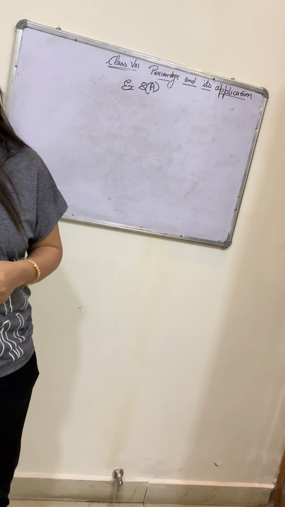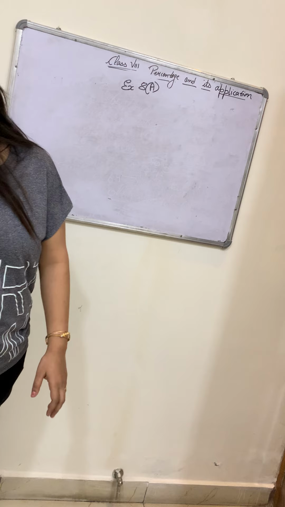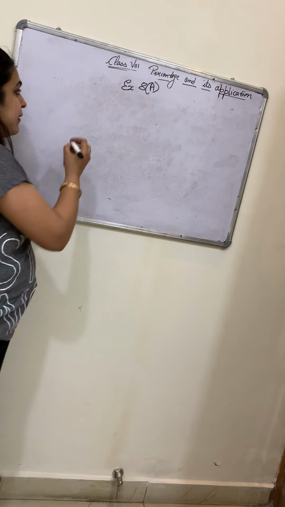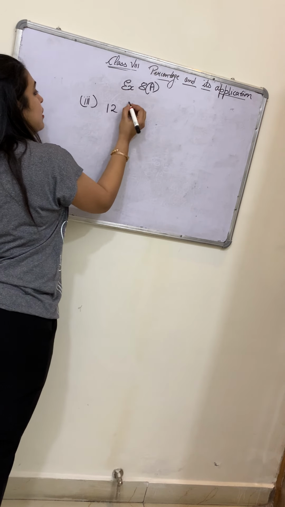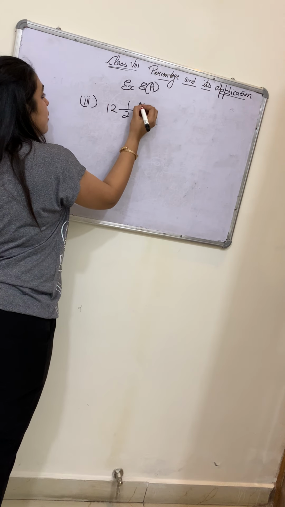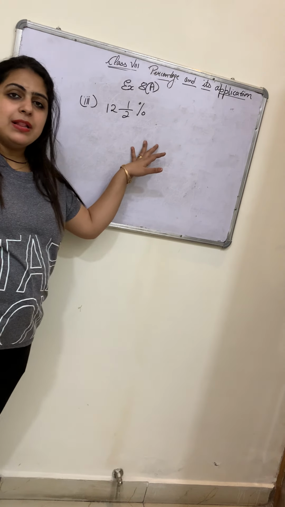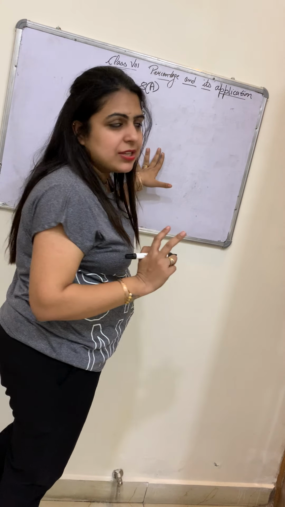We have to write it in decimal and fraction. I am doing the third part, that is 12 whole 1 upon 2%. We have to change it into decimal and fraction. दोनों में change करना है.